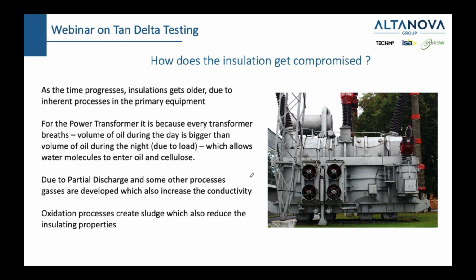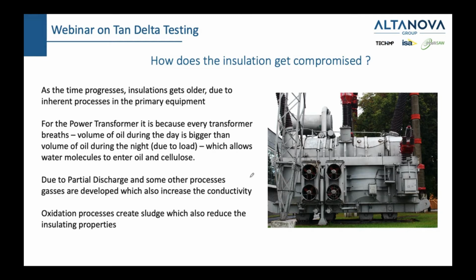And these water molecules contribute to the conductivity of the insulator, of the oil. And also these water molecules usually stay in the cellulose. I would say 90 to 99% of all the water in your transformer is actually in the cellulose, in the paper and the pressboard. It is not in the oil.